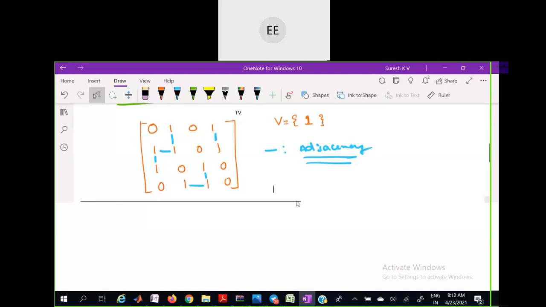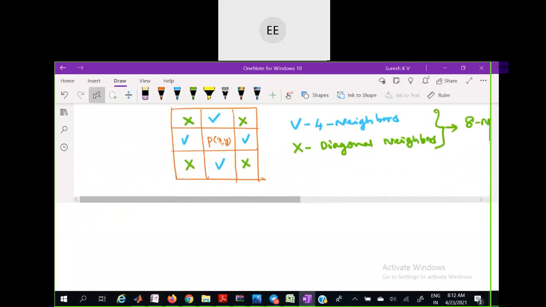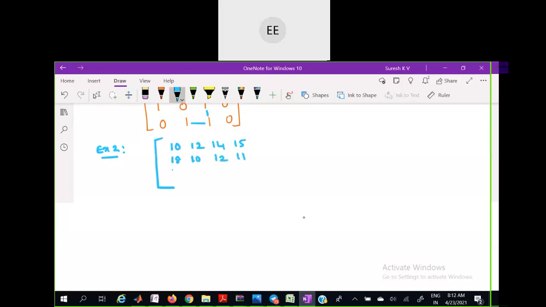I have taken an example of only a binary image. In the last class we took another example. Let me take that example. Another example: 10, 12, 14, 15, 18, 10, 12, 11, 10, 11, 12, 13.